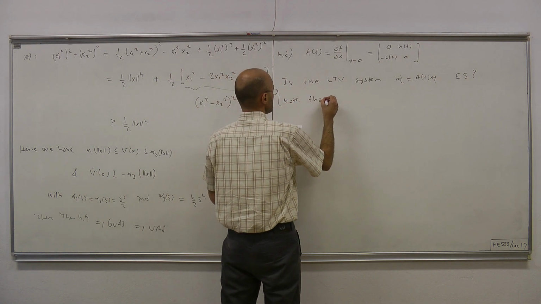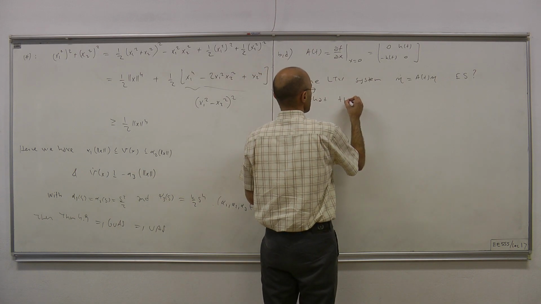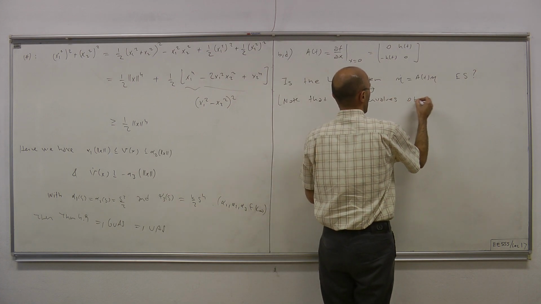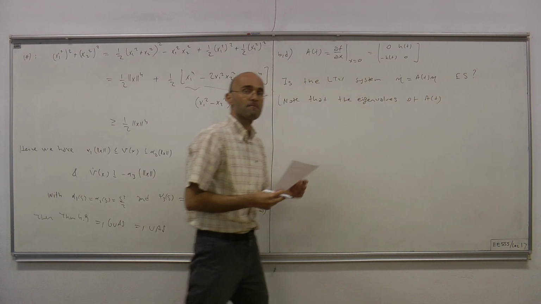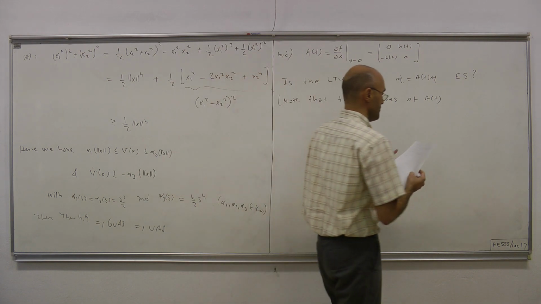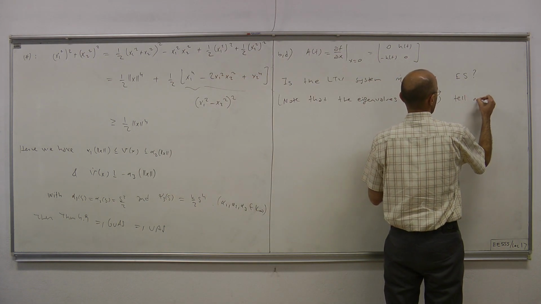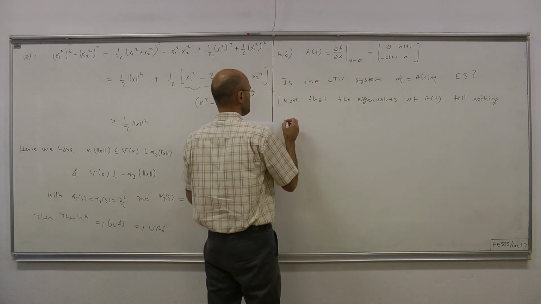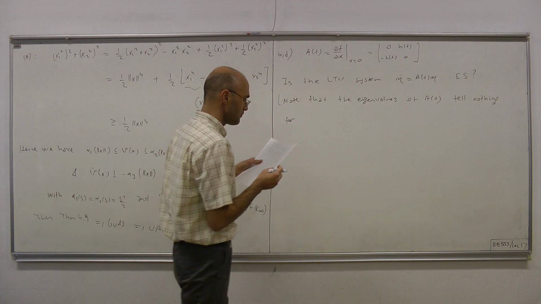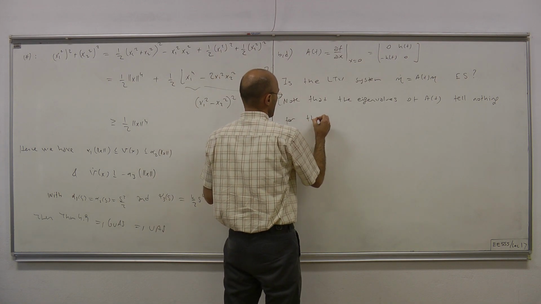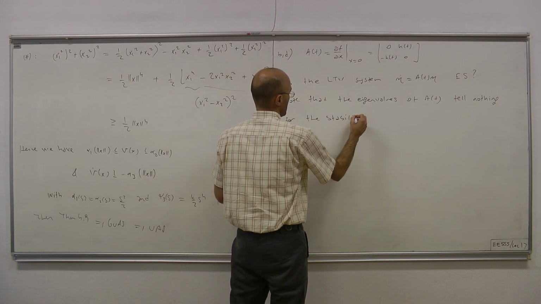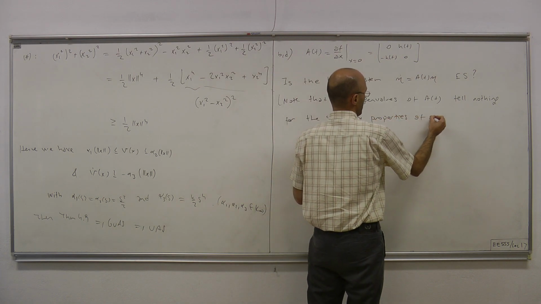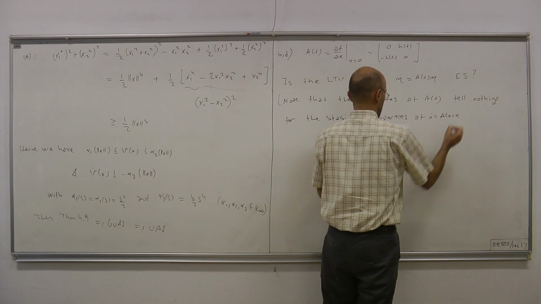Note that the eigenvalues of a time varying system matrix tell in general nothing for the stability properties of x dot equals A(t) x.